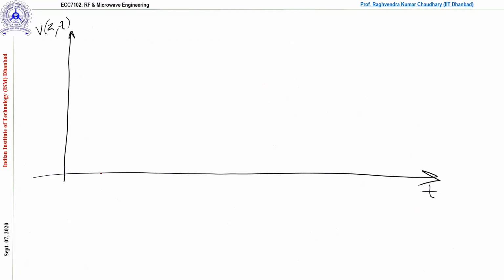Now we have to mark over here the time. Let's say this is T, this is 2T, this is 3T, 4T, and like that. And let us mark the interim times as well. So this is t1, and this is t2, t3, and then after we have t4, same as what we have seen in the previous bounce diagram.